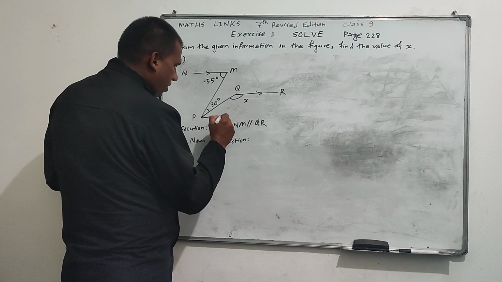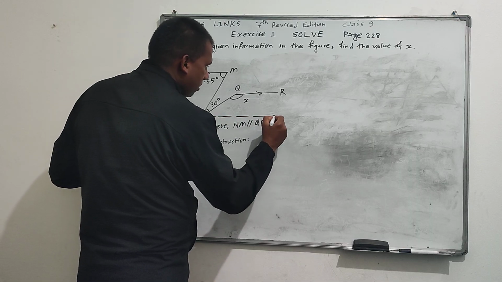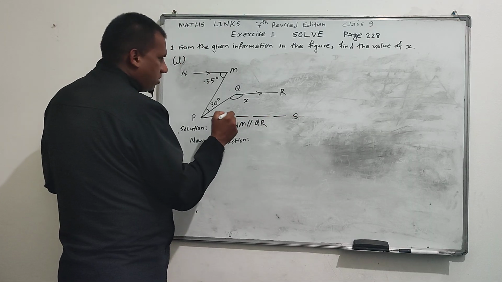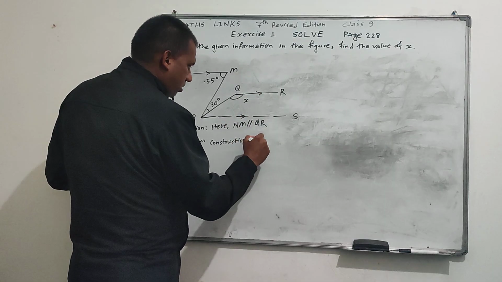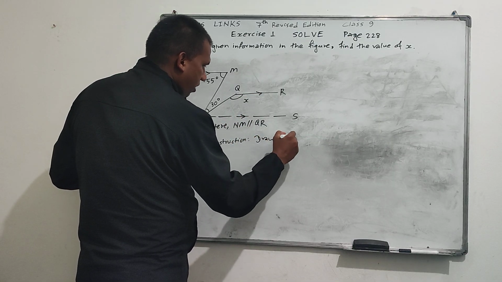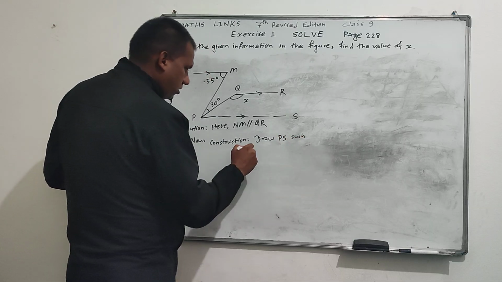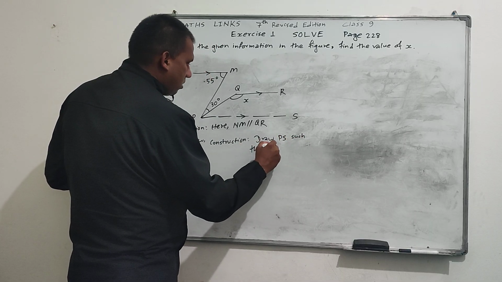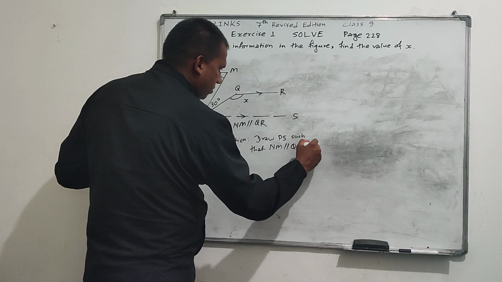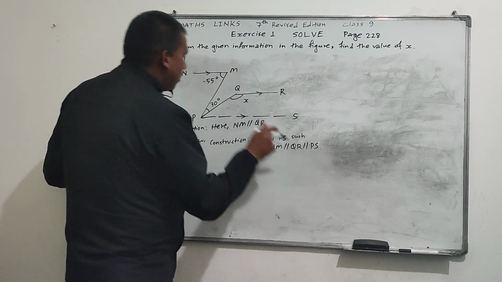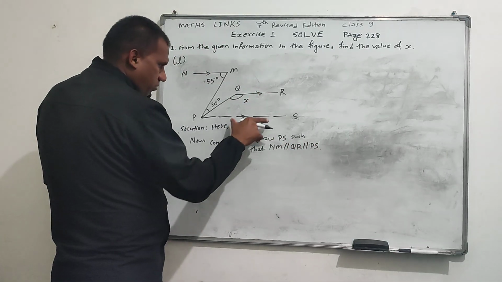From point P, draw line PS, which is parallel to NM and QR. Draw PS such that NM is parallel to QR parallel to PS.